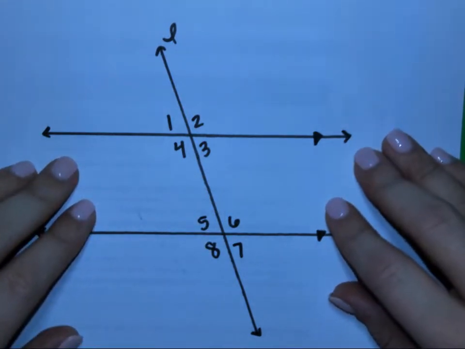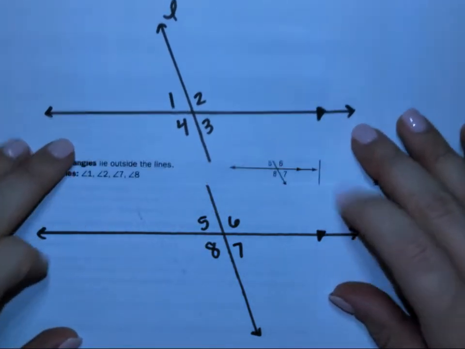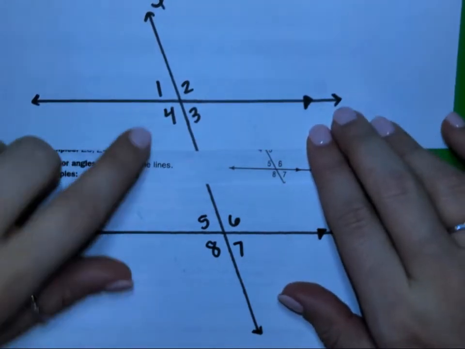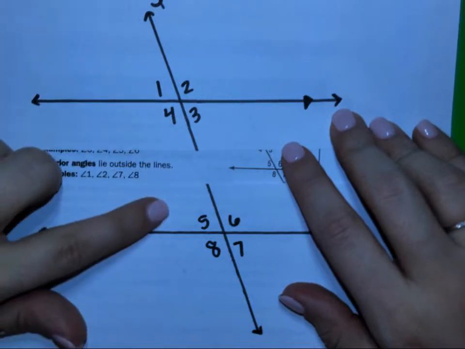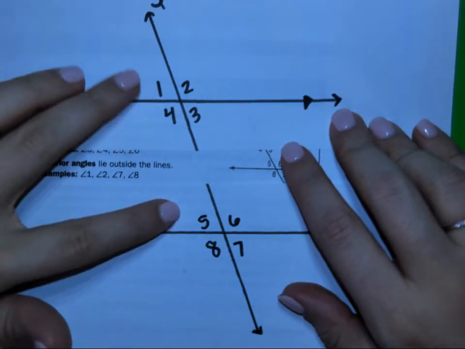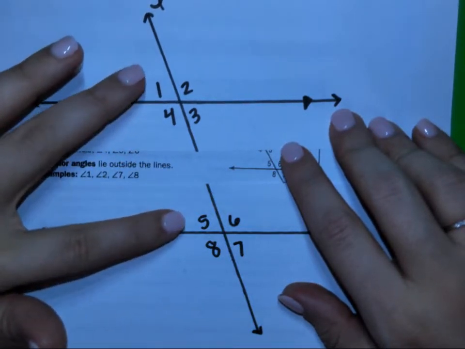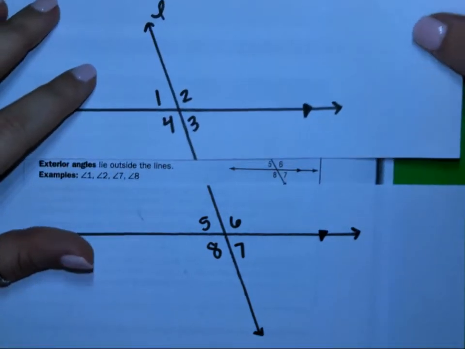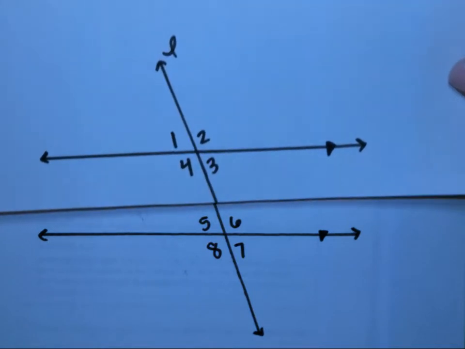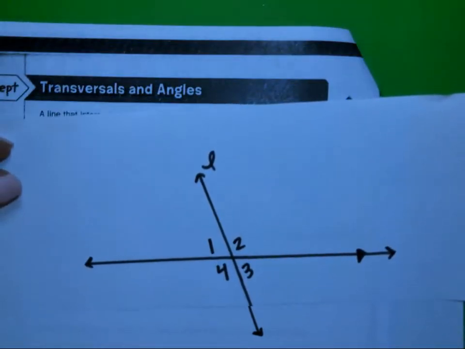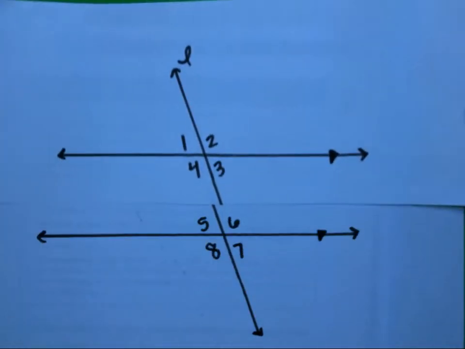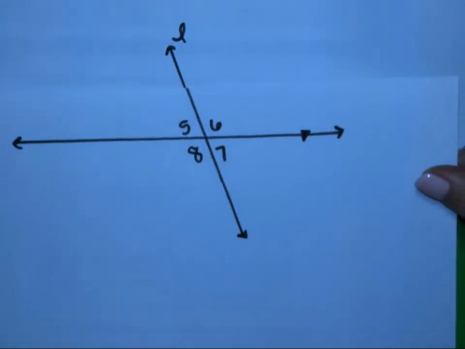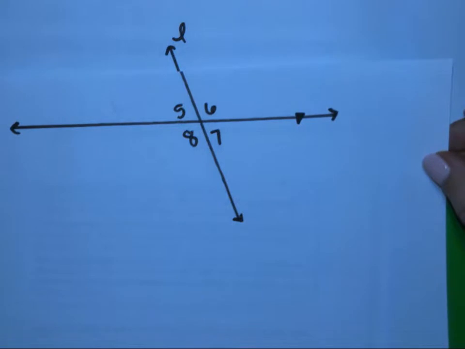If I cut those two parallel lines apart, so if I take them apart, remember we said that angle 1 and angle 5, those are corresponding angles, so they have the same measure. But why do you think they have the same measure? Once I cut this apart, if I overlap them, are they the same exact thing? Do you see that? If I take this one and put it on top, I have the same exact lines. Okay?